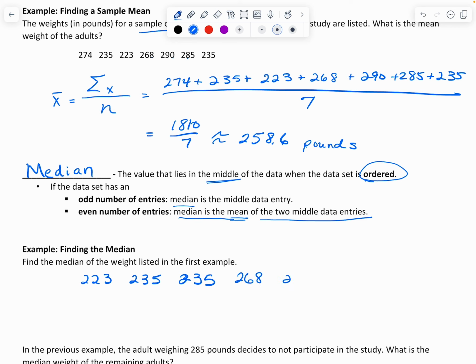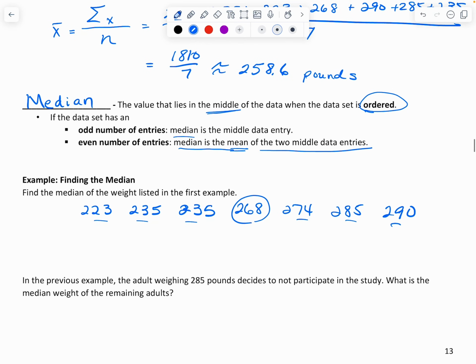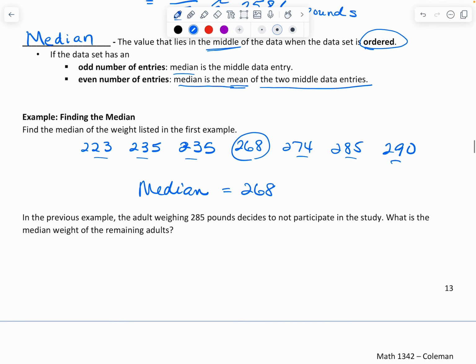Then we have 268, 274, 285, and 290. There are 7 items, so that means that halfway is going to be in the middle. So here's 1, 2, 3 on each side, putting 268 in the middle. So my median is equal to 268.